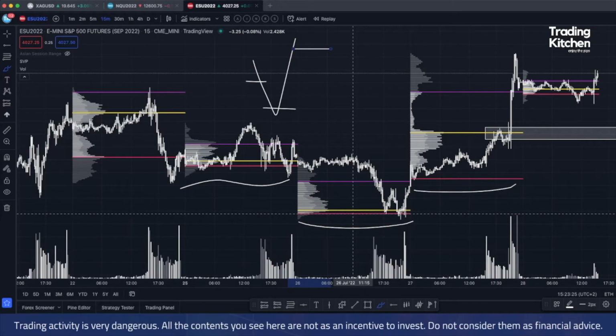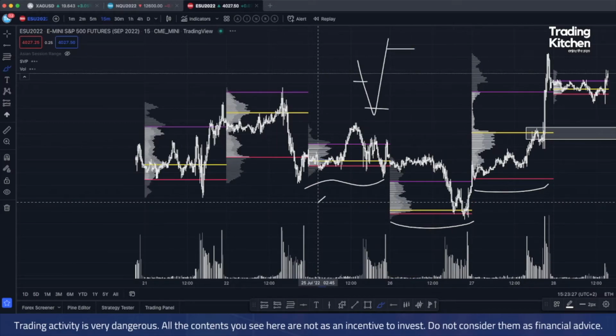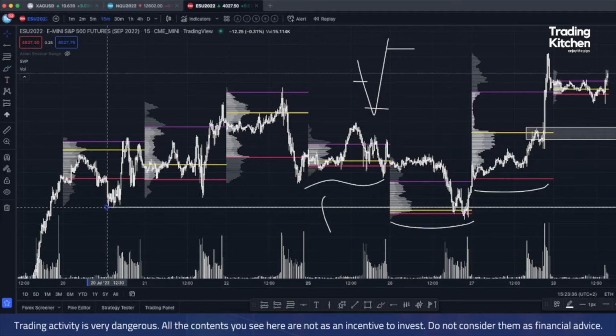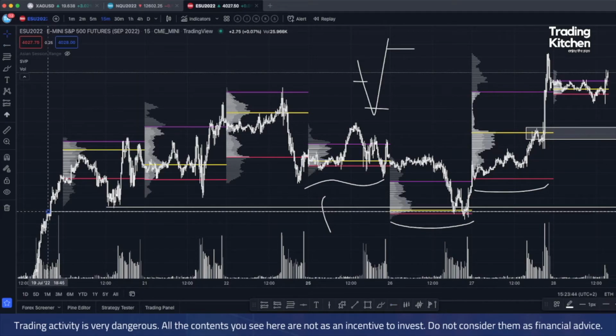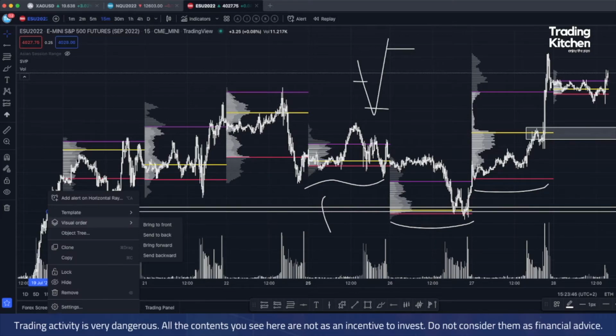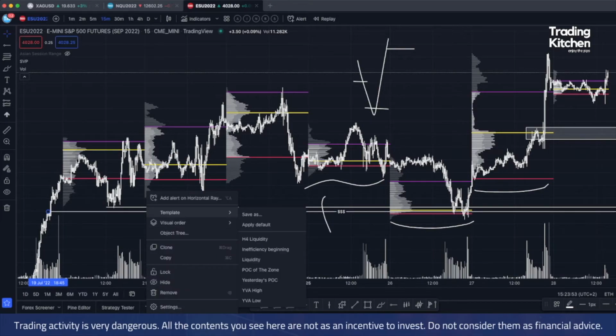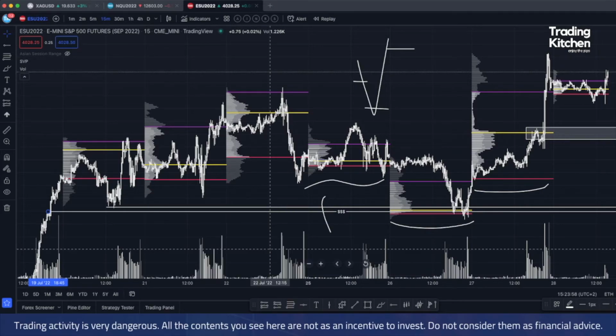Maybe inside here there is a liquidity level on the 4-hour time frame, or look here, perfect. This is a liquidity level. Why? Because there is nothing here, and here there is an inefficiency. Okay, so I know that from this level something is going to happen. Maybe not a reversal, but I know the price is going to react in some way.